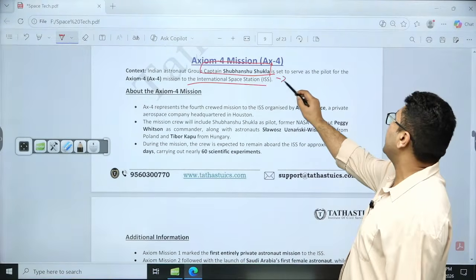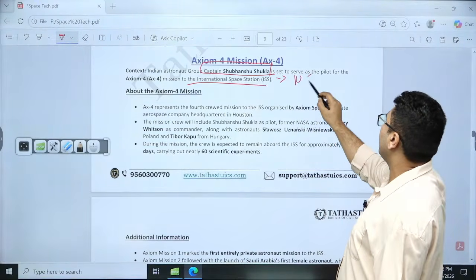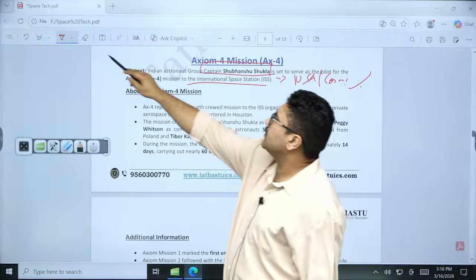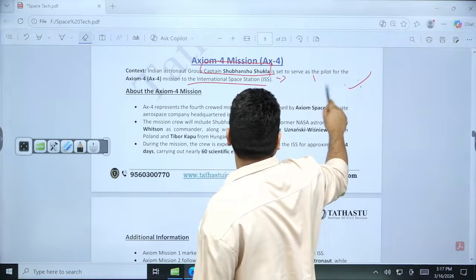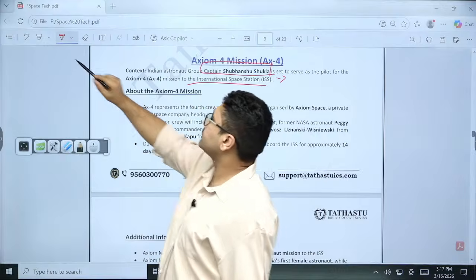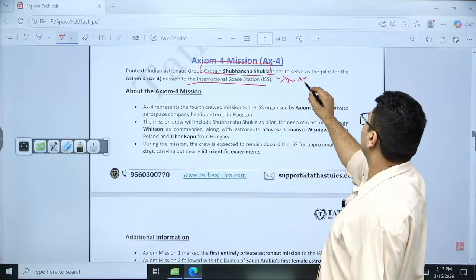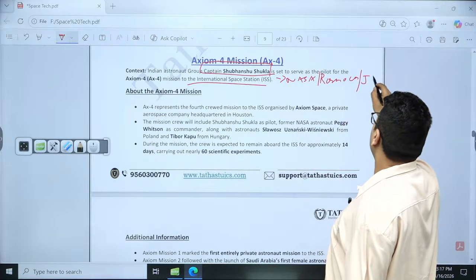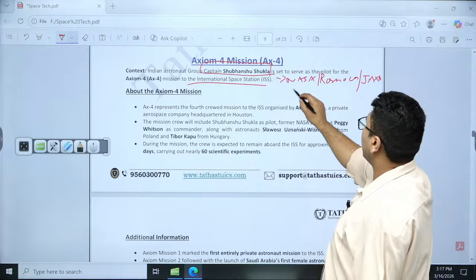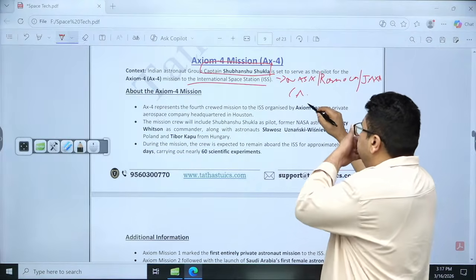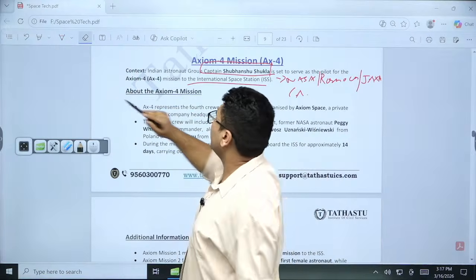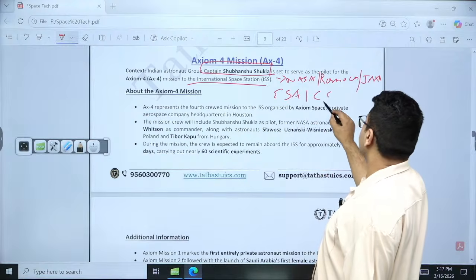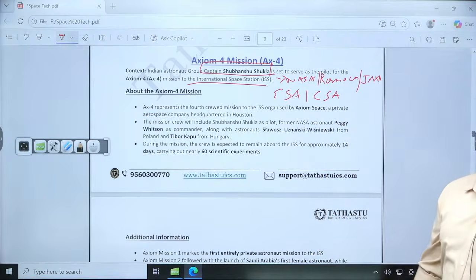It is a combined effort of the USA, Roscosmos, NASA, JAXA, and the Canadian Space Agency.